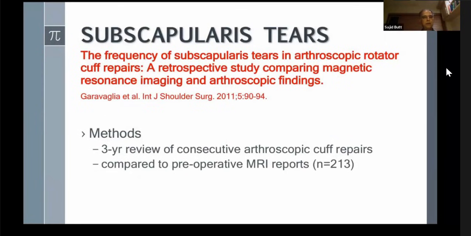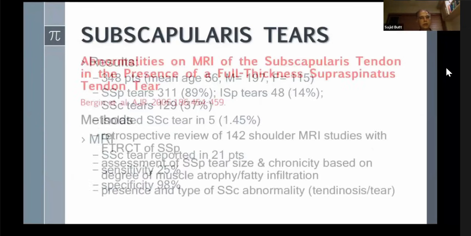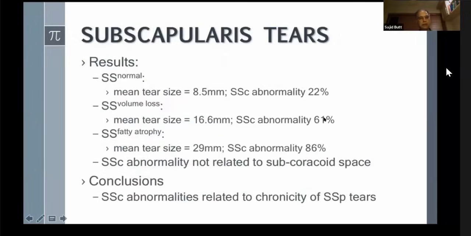I'll briefly cover this. They basically said that patients who have got rotator cuff tears of supraspinatus and infraspinatus are more likely to get a tear of subscapularis. So they looked at lots of patients with tears of the rotator cuff, and found that in patients who have got a normal supraspinatus, subscapularis abnormality was about 1/5.